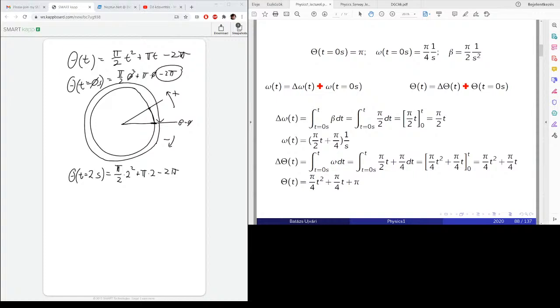This is 2 pi, this is 2 pi, and this is of course minus 2 pi. That means from theta at t equals 0, I moved 1 round and came back to the same position, so I'm still here. Alright, thanks.